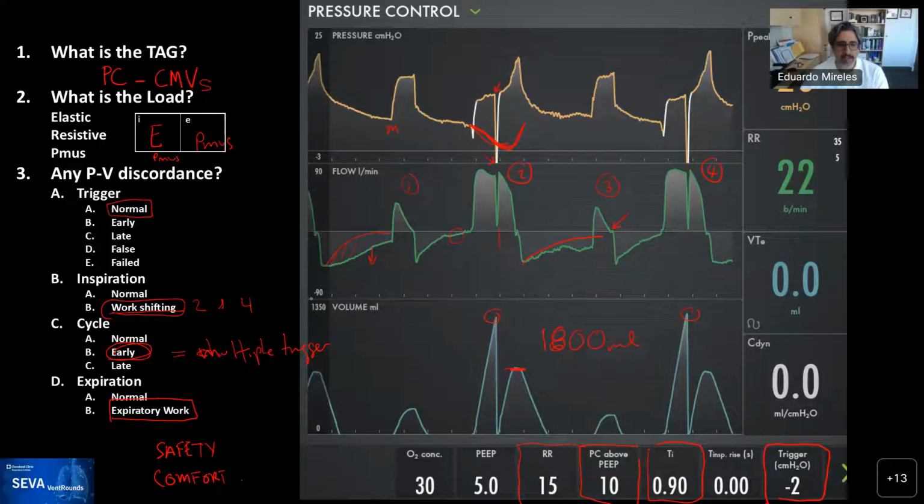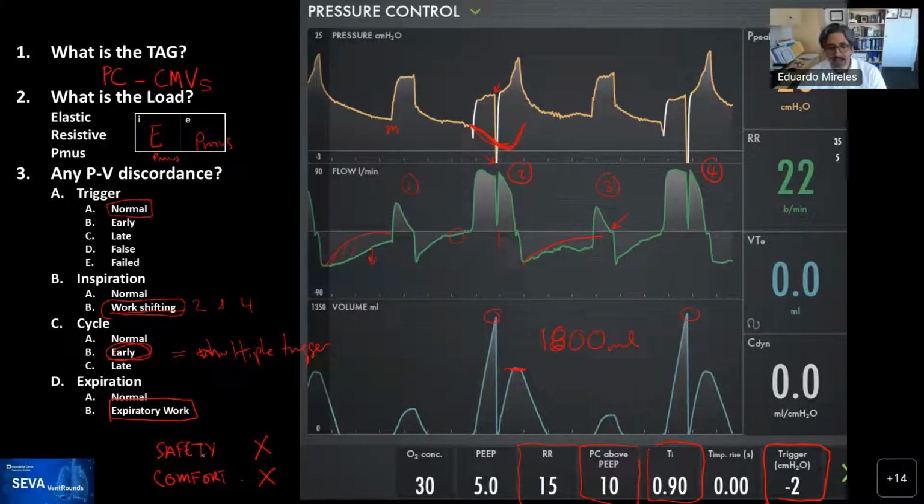Immediately you can see that none of these goals are being met: safety is not being met and comfort is not being met. So if you choose safety, you would have to ask, is there another mode that can achieve what I want to do?